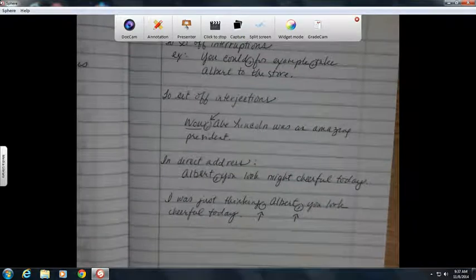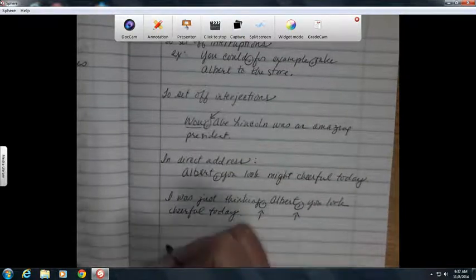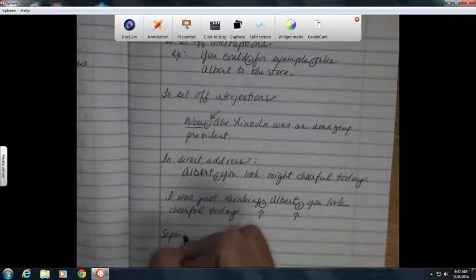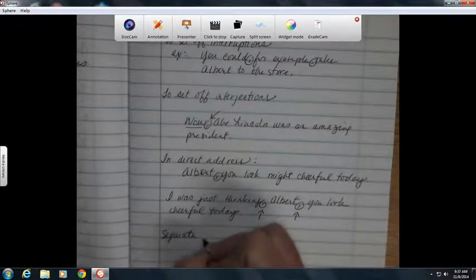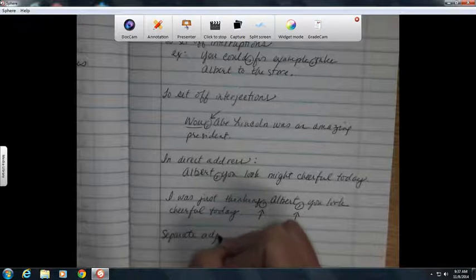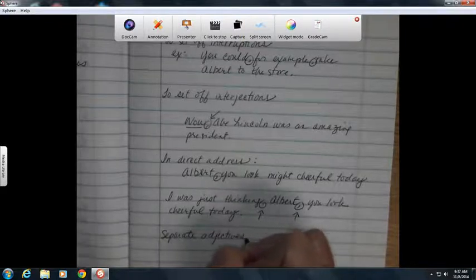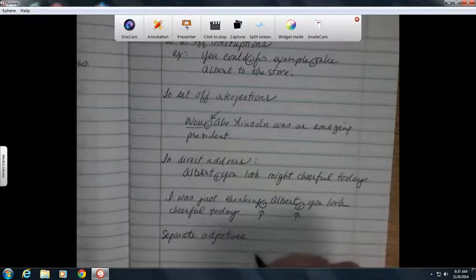We also use commas to separate adjectives. Sometimes you'll have a string of adjectives, a whole bunch of things that you want to say about someone or something.